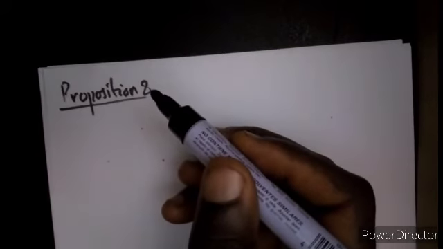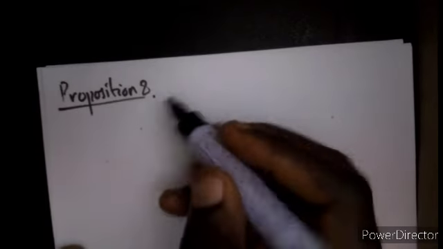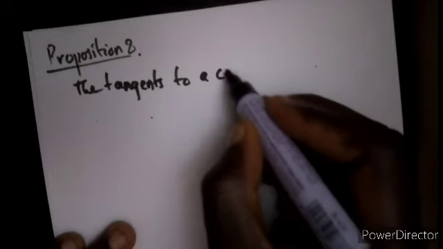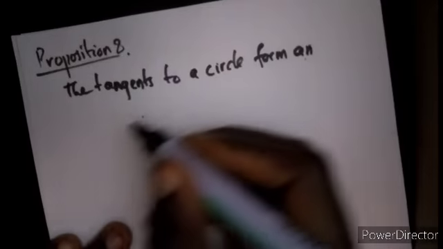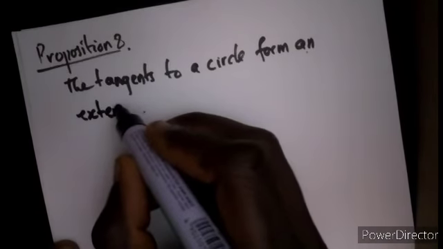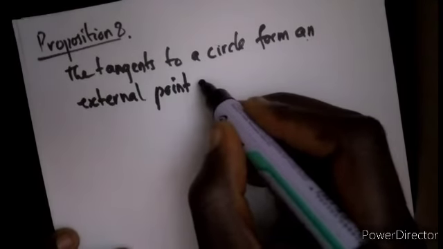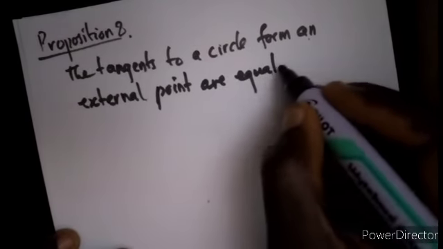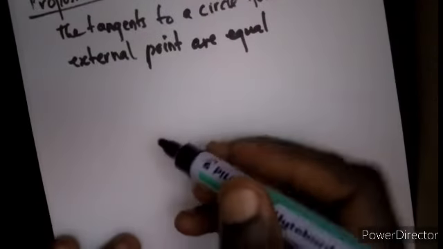Proposition 8: we have that the tangents to a circle from an external point are equal.